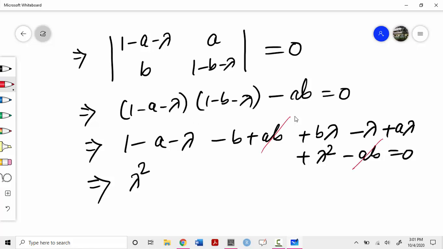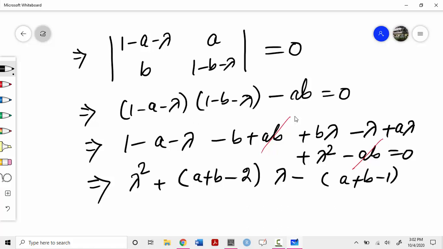Now, so lambda square plus (a plus b minus 2) into lambda minus (a plus b minus 1) equal to 0.